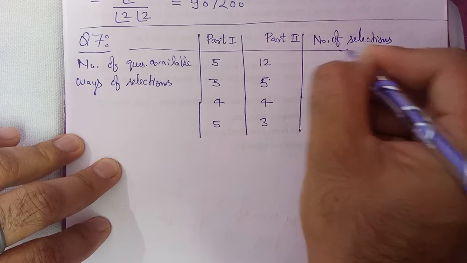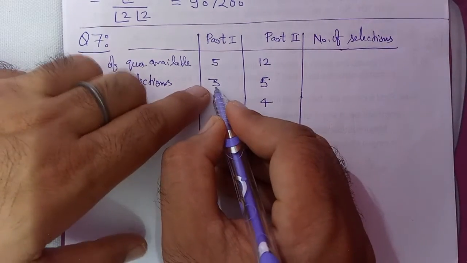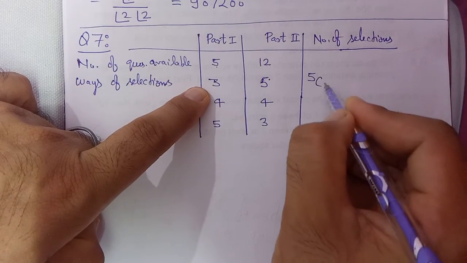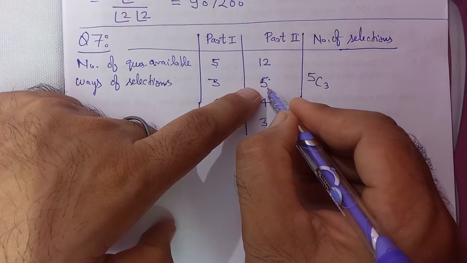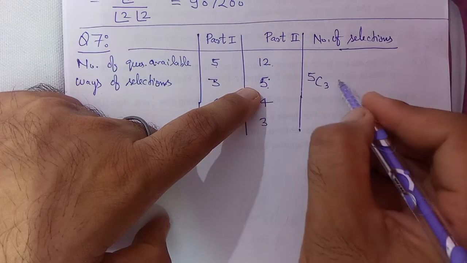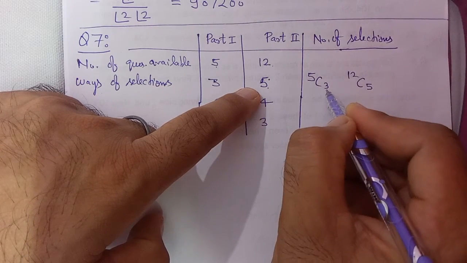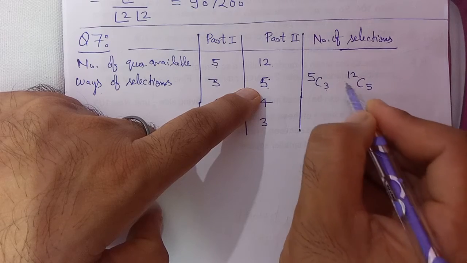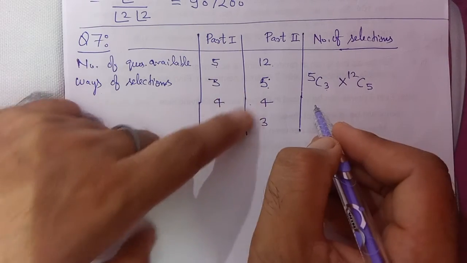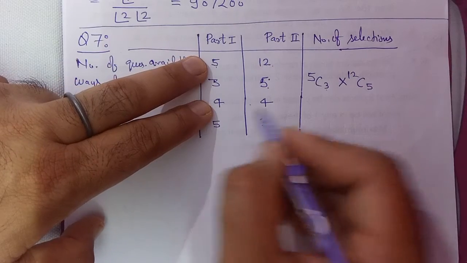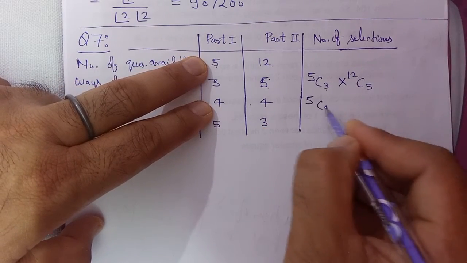Number of selections of 3 questions out of 5 will be 5C3, and selection of the remaining 5 out of 7 is 7C5, and these 3 questions with these 5 questions, so multiply these numbers using the fundamental principle of counting. Selection of 4 out of 5 is 5C4.